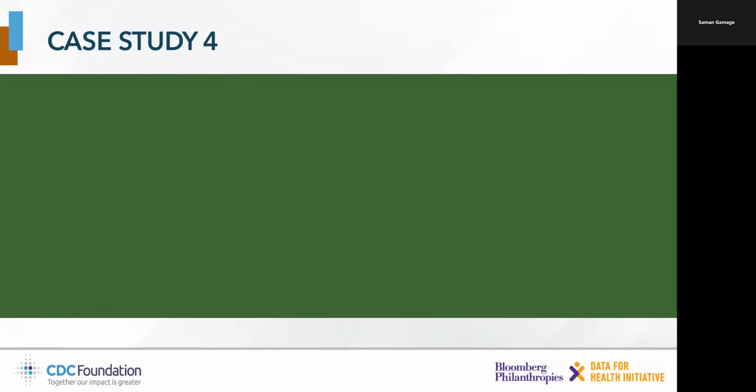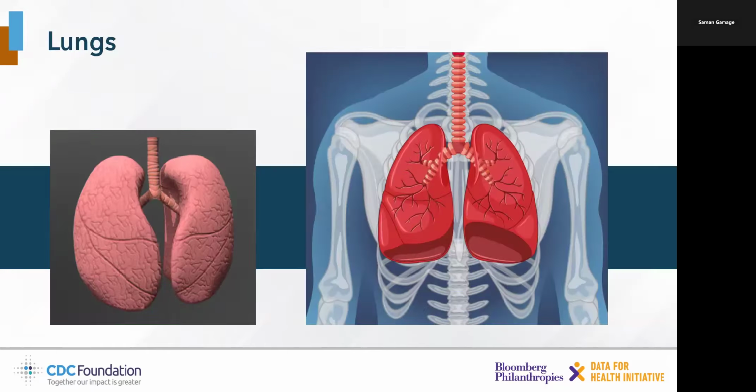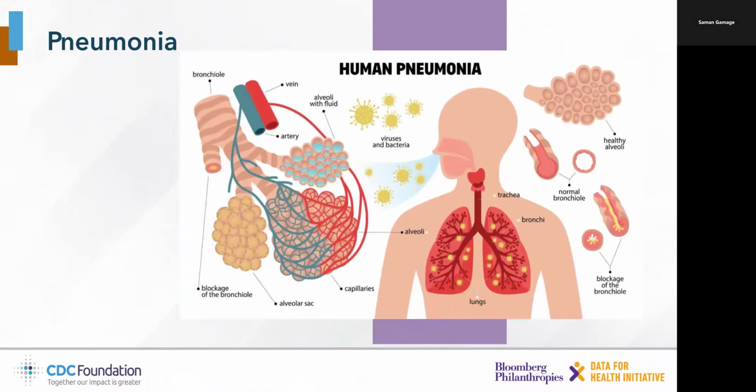Let's discuss another case study. A 56-year-old person dies from abscess of the lung, which resulted from lobar pneumonia of the left lung. Explaining the medical terminology, you can see some images of the lung. And this is what happens when there is pneumonia.